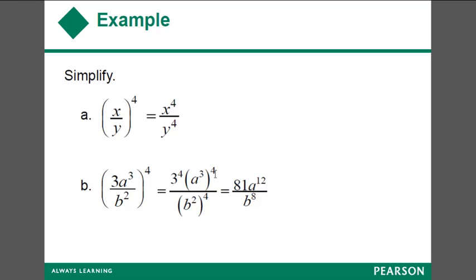A to the 3rd times 4 is going to be 12. B squared raised to the 4th, I multiply and get b to the 8th. So I'm distributing anything that is raised to that power.